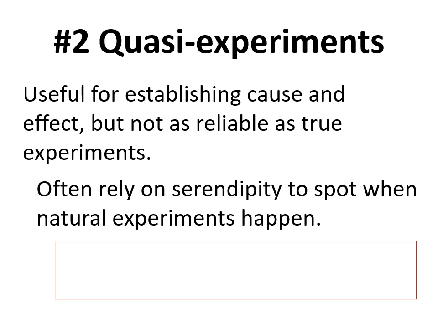And they often rely on what I'll call serendipity to spot when they are actually taking place. Unlike true experiments, which are planned in advance, the experiment part of the quasi-experiment happens largely outside of the control of humans and is only recognized after the fact, after it has already happened.